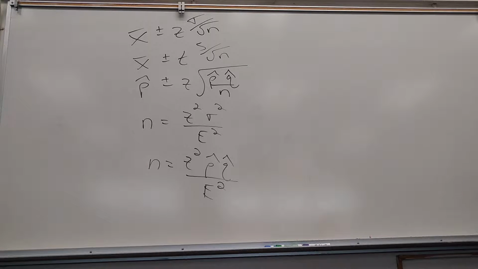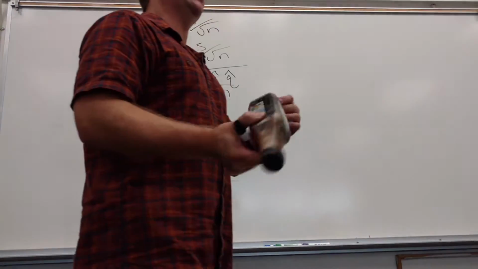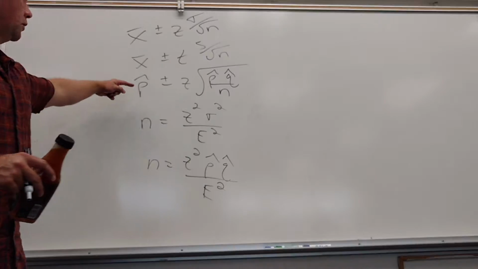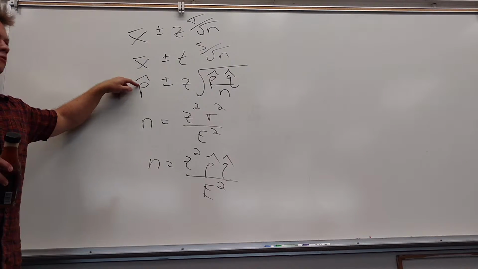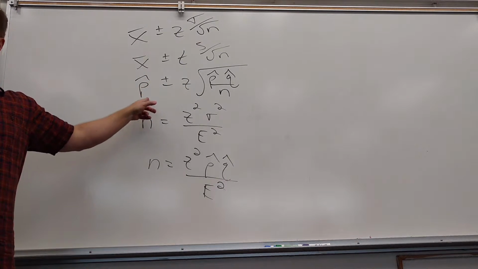Is there a time ever that we only use z-scores? Yes. For an NPQ problem, you always use z-scores because we're always creating our own standard deviation. So that's why there's only one formula here. It only has a z in it. As long as it's normal enough, and how do you know this will be normal enough?